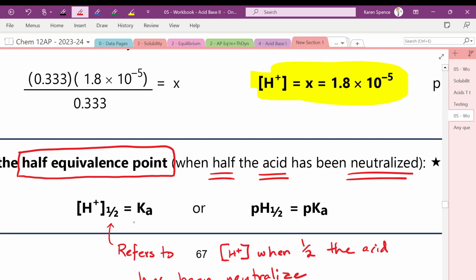Or if you prefer to do pH, pH one-half is equal to pKa of the acid. Either of those work, okay?